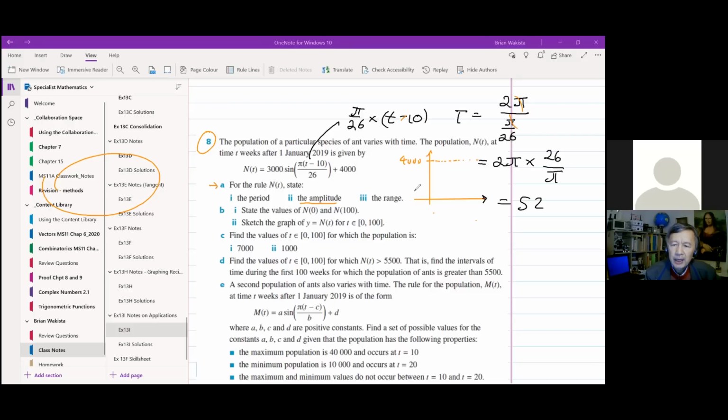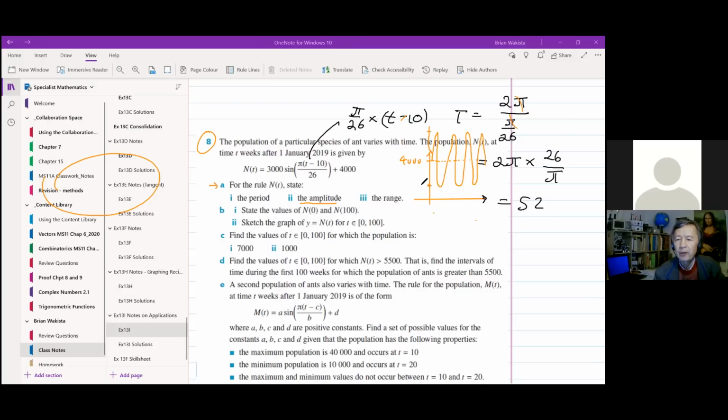So basically you can go up from here to here. That would be 4,000 minus 3,000. What is this part? That would be the oscillation.